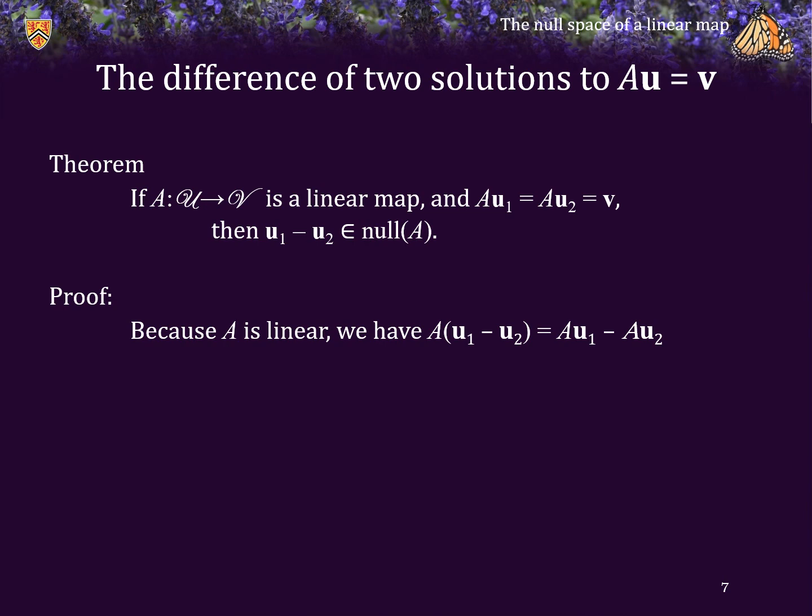And because A is linear, we have A applied to this difference of vectors is that same difference with A applied to each of the vectors. But wait a second, both of those are equal to the vector v, and v minus v is equal to the zero vector.